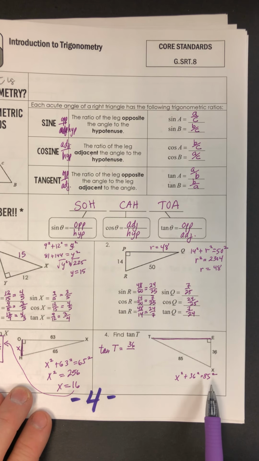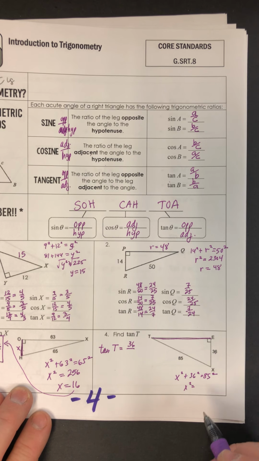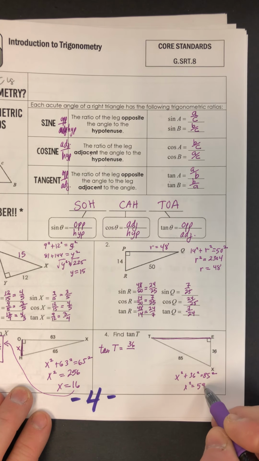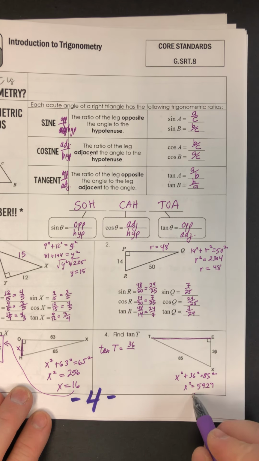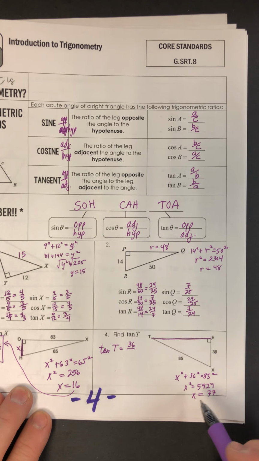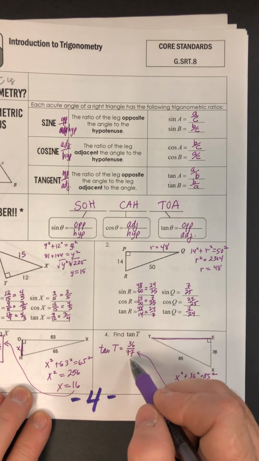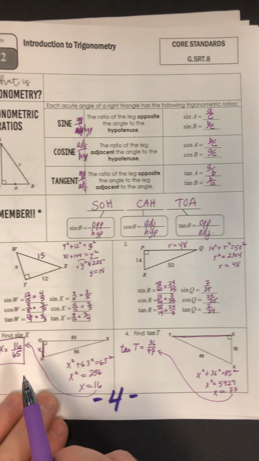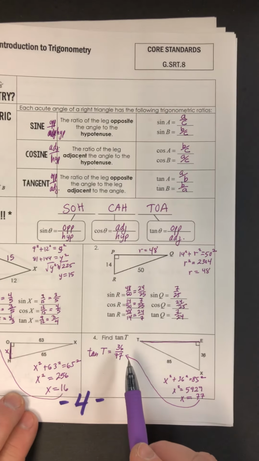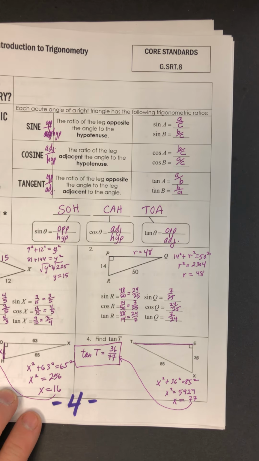Now, on your calculator, do 85 squared minus 36 squared, and you'll get x squared equals 5929. And if I square root that, that's 77. So that goes in the bottom part of my fraction. And this fraction doesn't reduce, just like the previous one. So we just leave it. And there's my tangent of t.